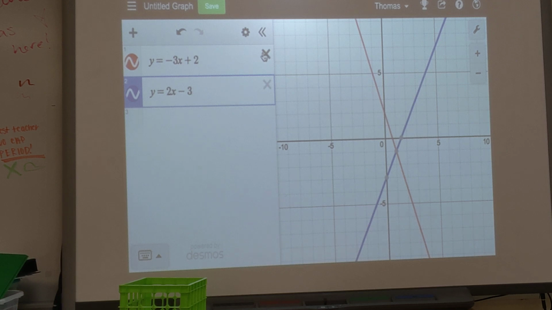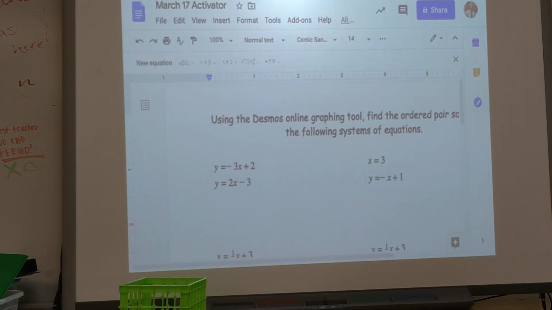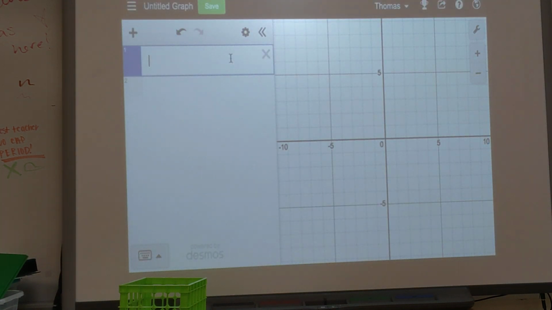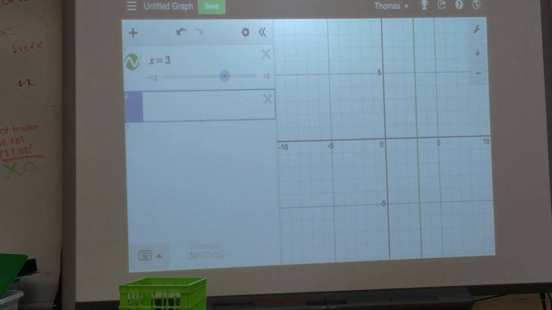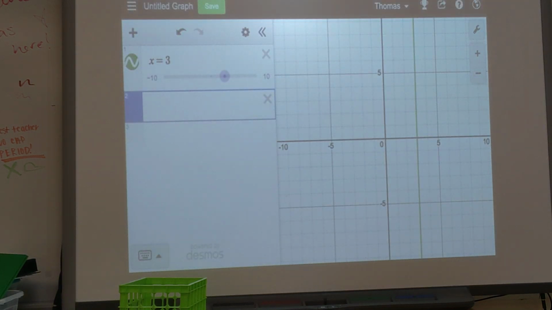And then to do the next one, I can simply X these out. I've got x equals 3, so I just come up here, x equals 3. And y equals negative x plus 1.